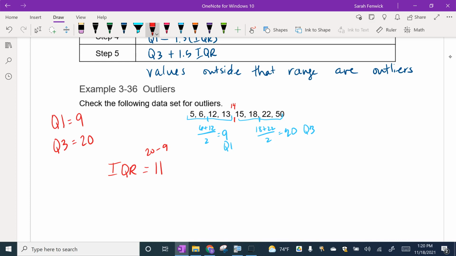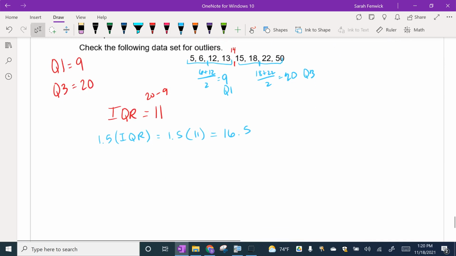If it doesn't, sometimes I do it all at once for the Q1 minus 1.5 IQR. But when we do 11 times 1.5, that gives us 16.5. It's not a difficult number to deal with. So 1.5 times IQR, 1.5 times 11 is 16.5.